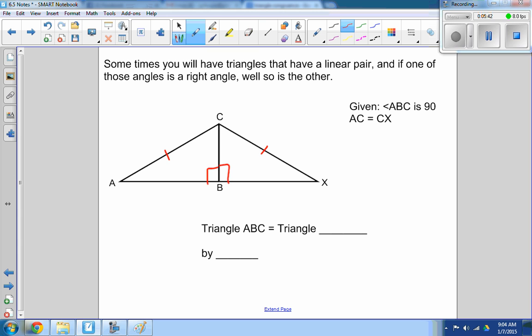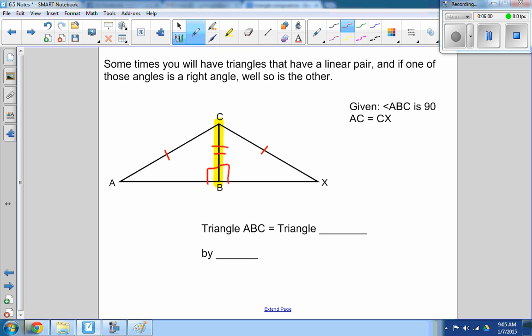Well, that's not enough information just yet. We have to remember that when they share a side, that side's also congruent for both triangles. CB is equal to CB because of the reflexive property.